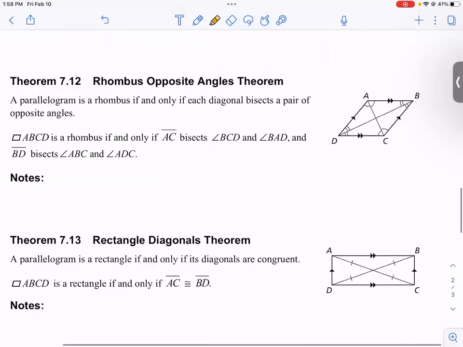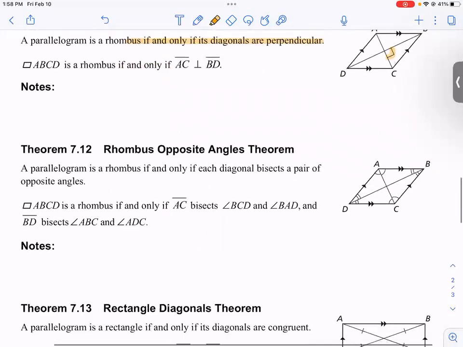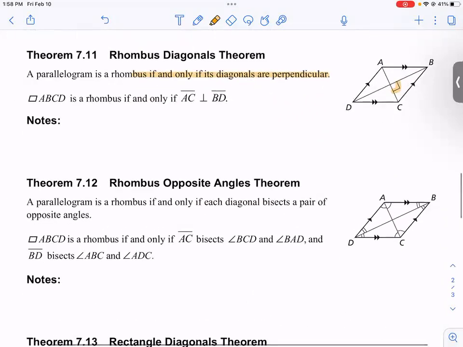Okay. Now, a rhombus also has diagonals that bisect the opposite angles. So what I want you to notice is that one rhombus, two rhombi. In a rhombus, the diagonals are, number one, perpendicular.